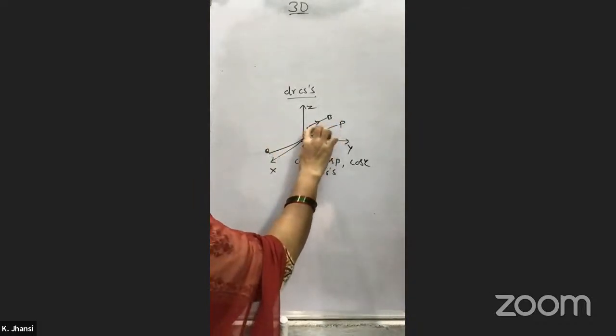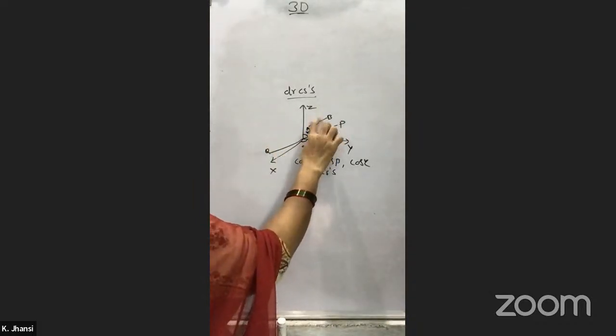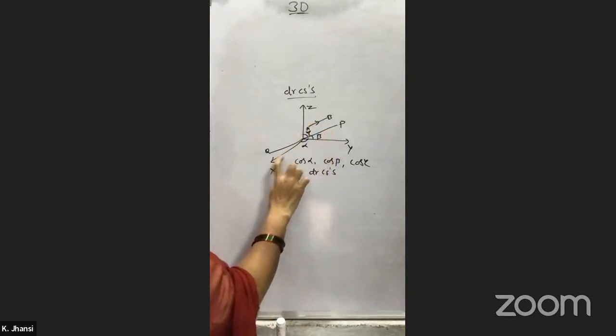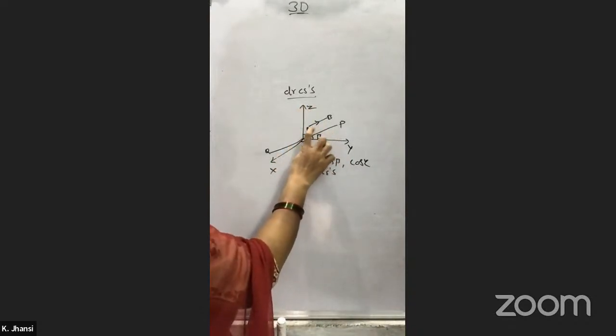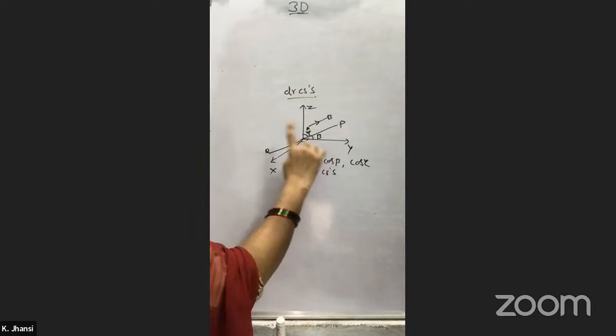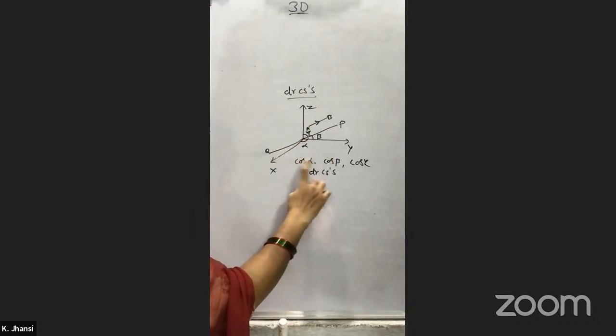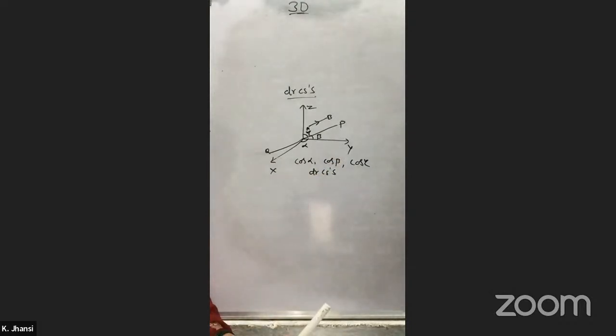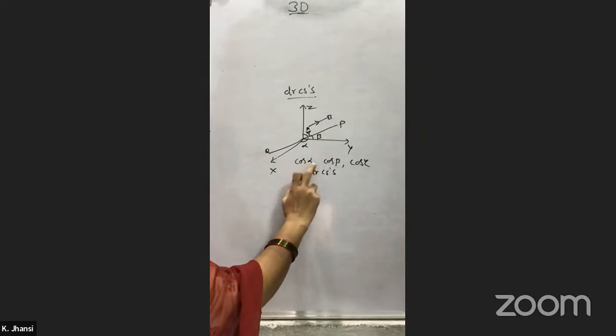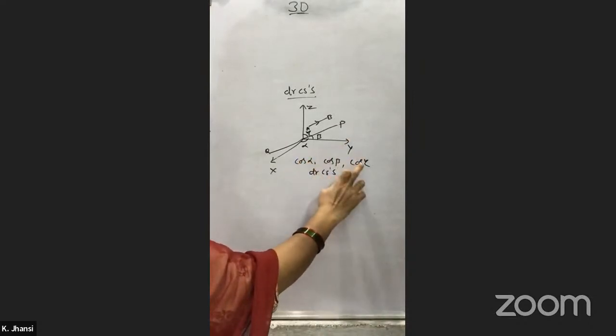So with the help of this line, these 3 axes are making 3 angles, and you get the values cos alpha, cos beta, cos gamma.